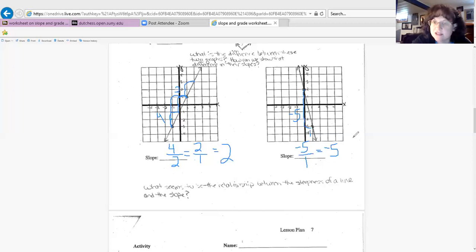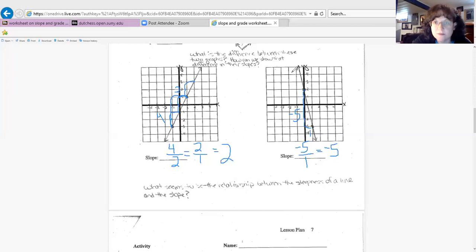And so yes, this graph should be steeper because the size of the slope, ignoring the sign, is larger. So that answers this question. What seems to be the relationship between steepness of a line and the slope? The larger the slope in magnitude, ignoring the sign, the steeper the line.